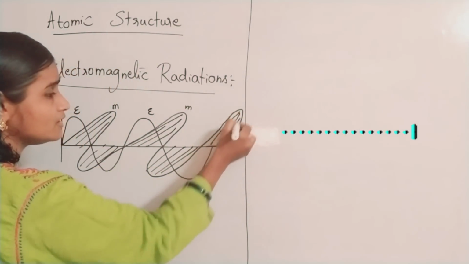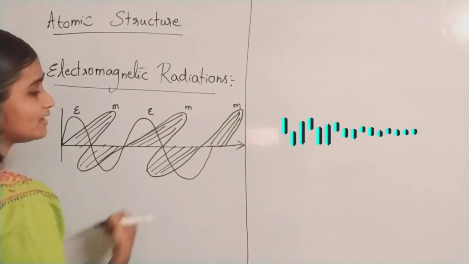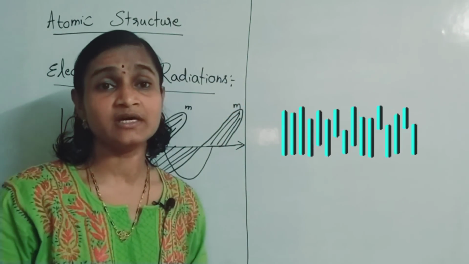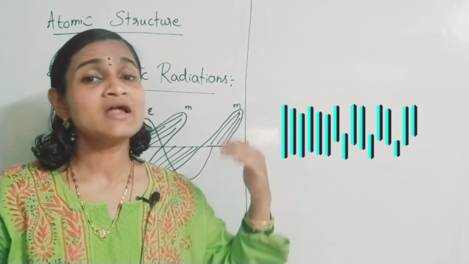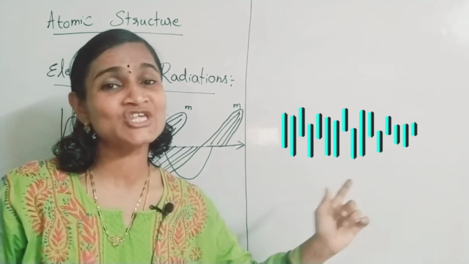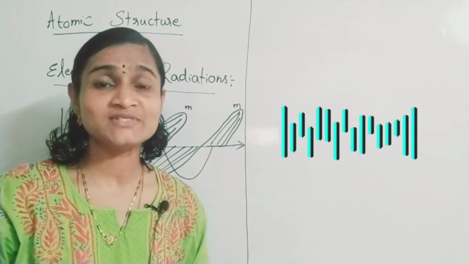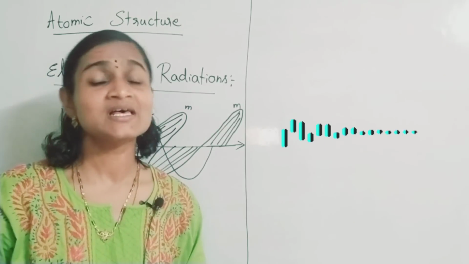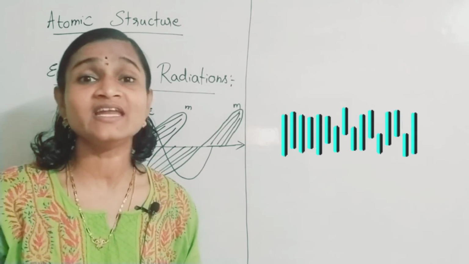These two waves, electrical as well as magnetic, are perpendicular to each other, and the particles also travel perpendicular to the direction of propagation of the wave. Such waves are called what? Electromagnetic waves, and you call them electromagnetic radiations.